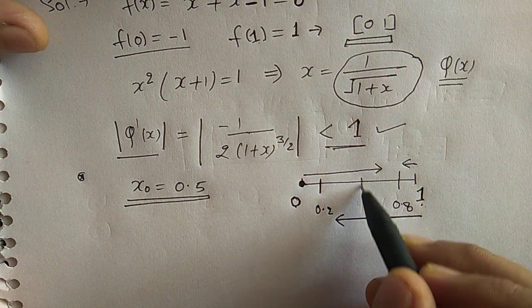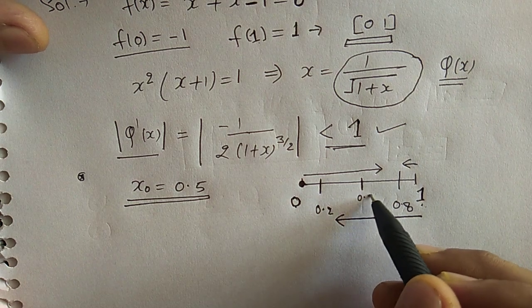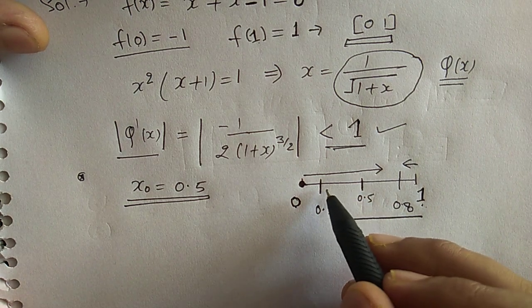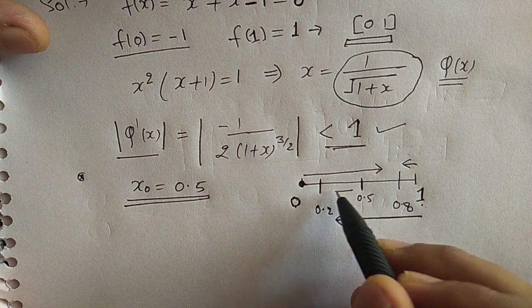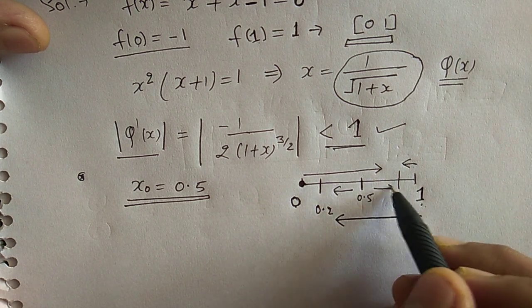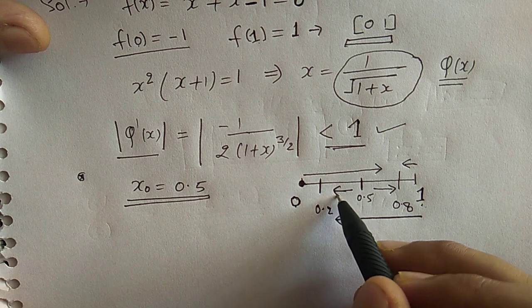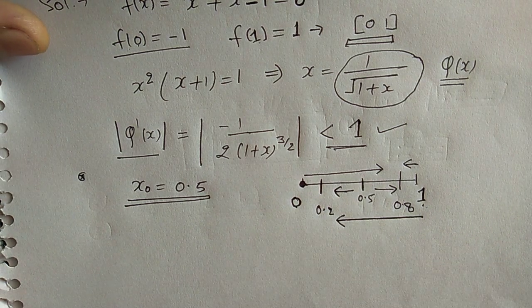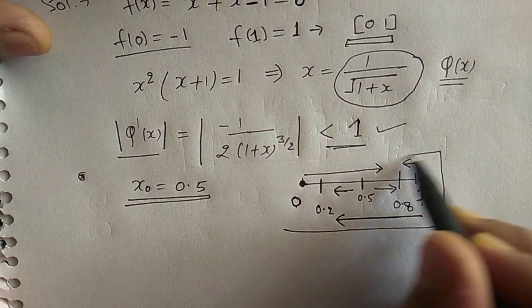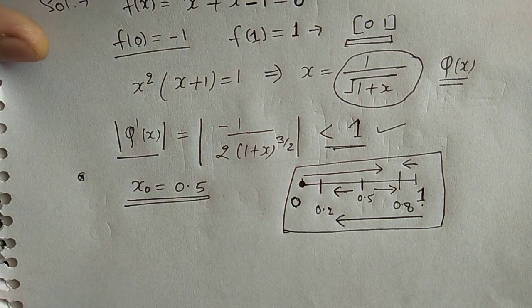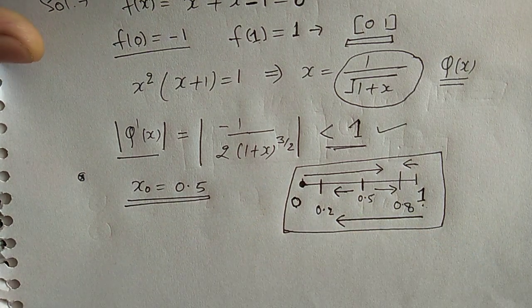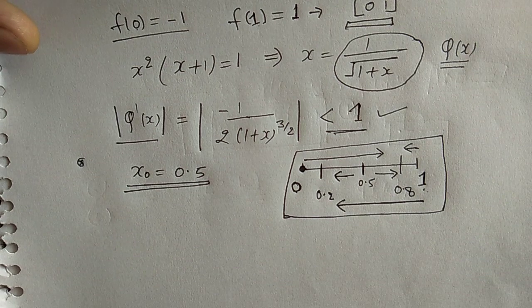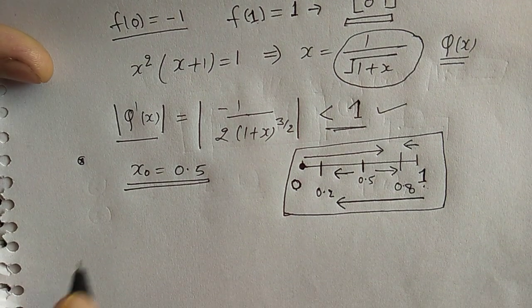For the safe side, we are taking 0.5. Whether the root is 0.2 or 0.8, we can easily move from 0.5, meaning it will take fewer iterations. So this is the small concept about the initial guess. One can take 0 also, that is not a problem. So x0 equal to 0.5.